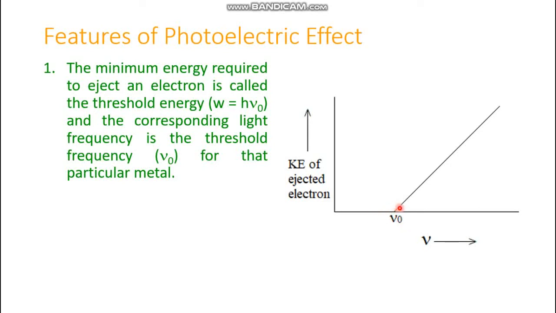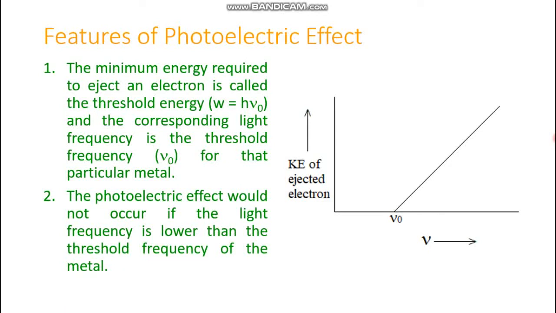Suppose for a certain metal it starts from here. For another metal which has higher minimum energy, it may start from here, or if it has lower minimum energy, it may start from this point.